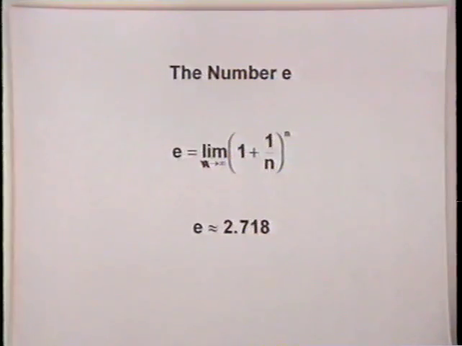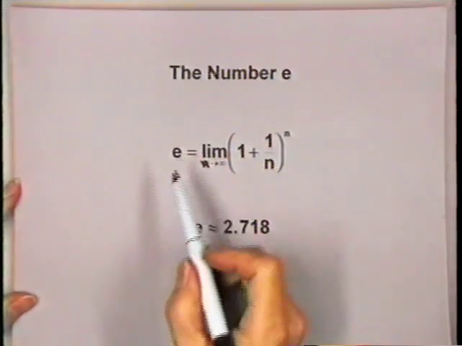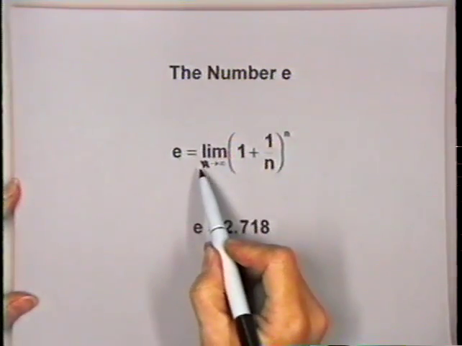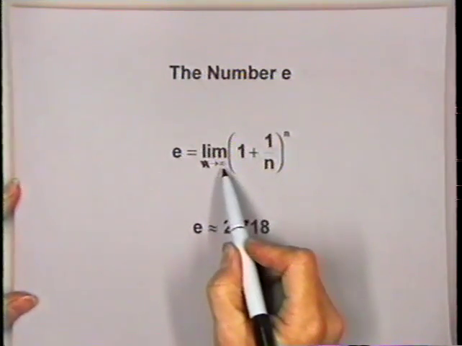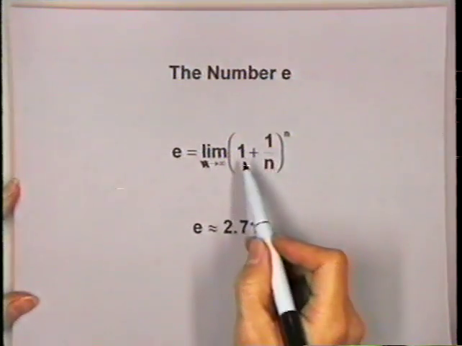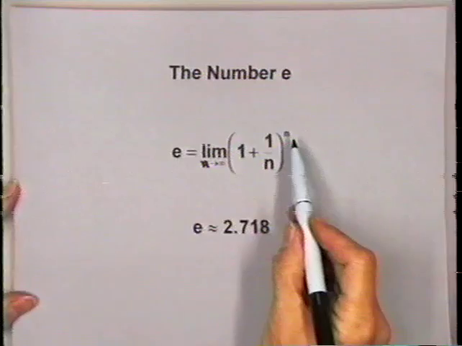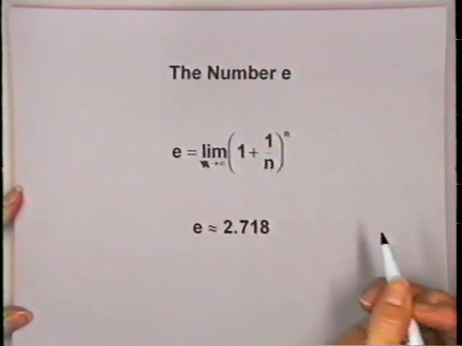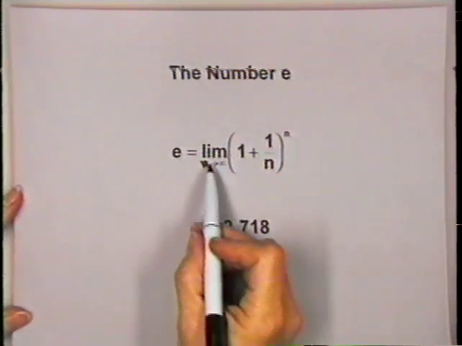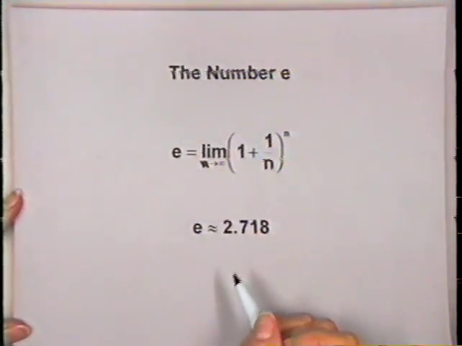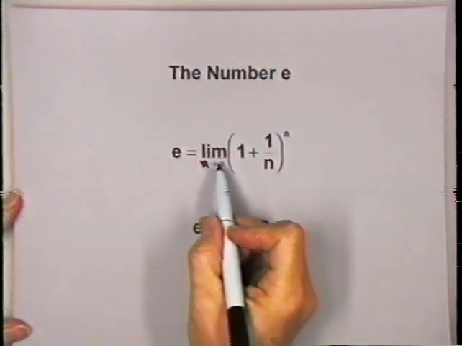The formal definition for the number e reads like this. e is equal to the limit as n approaches infinity of the quantity 1 plus 1 over n raised to the n power. Now, this definition may not mean very much to you if you've not ever discussed what we mean by this limit idea. Let me explain just a little bit what we're saying here.